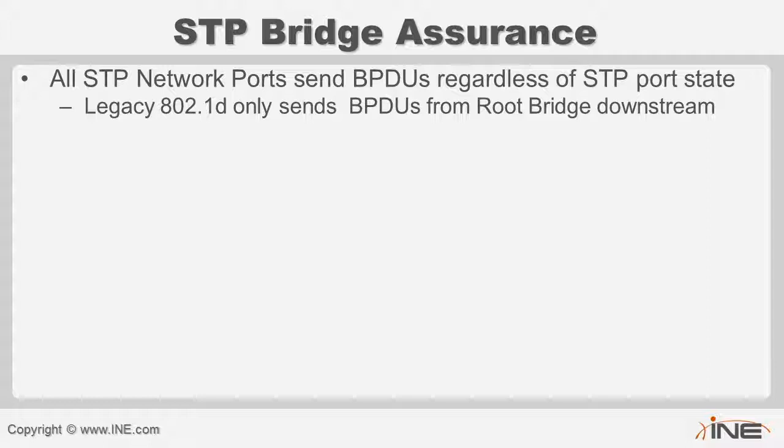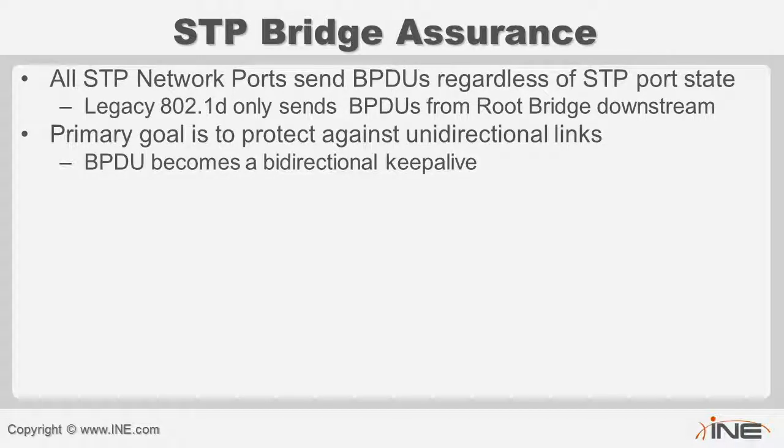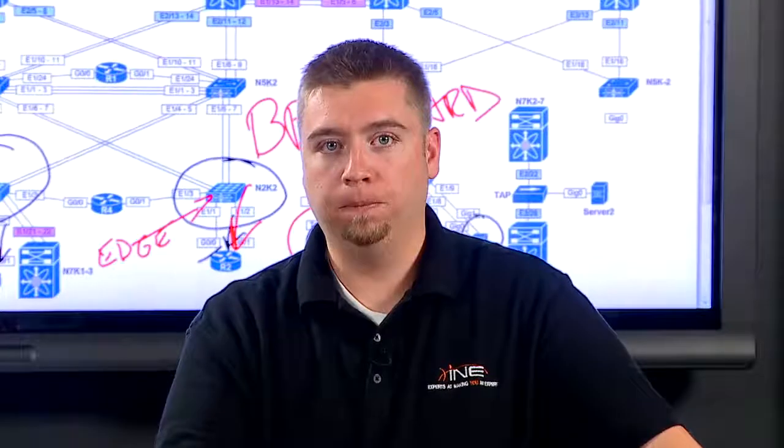The effect of sending BPDUs bidirectionally on every link is that the BPDU basically becomes a layer 2 bidirectional keepalive, which takes over the functionality previously defined as loop guard in spanning tree.